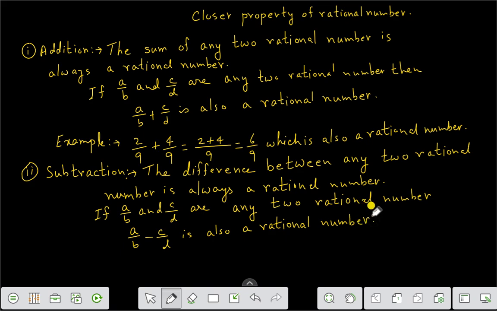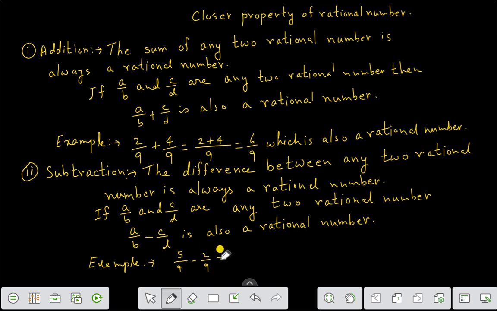Let us take one example. Suppose we take two rational numbers: 5 by 9 minus 2 by 9.